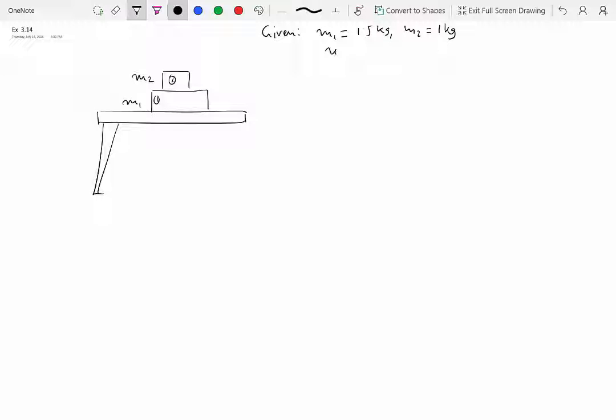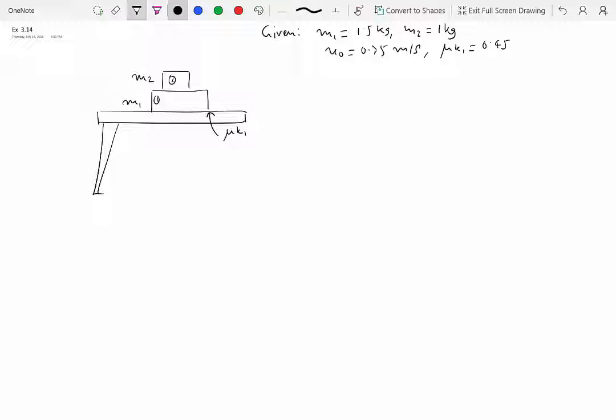So their initial common velocity is 0.75 meters per second. Letting mu k1 equal to 0.45 be the coefficient of kinetic friction between the bottom book and the table. So between the bottom book and the table, there is friction, and the kinetic coefficient of friction is given as 0.45.